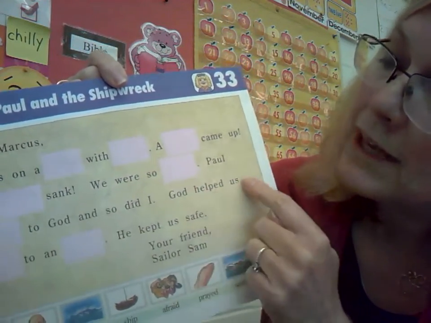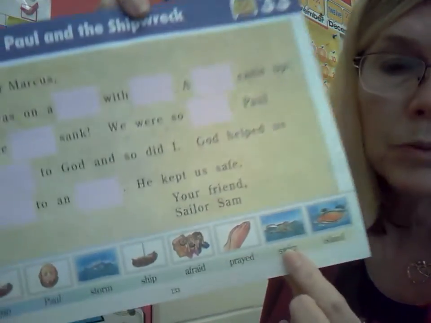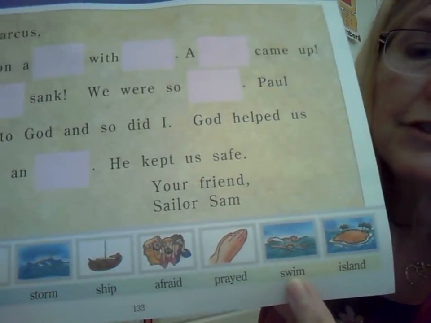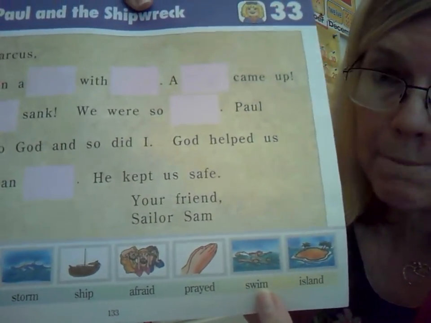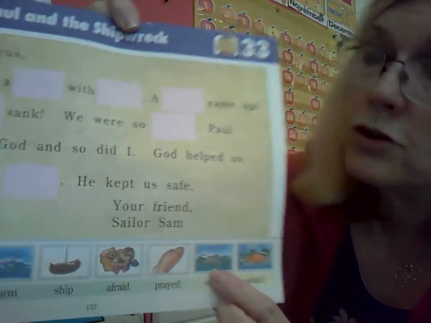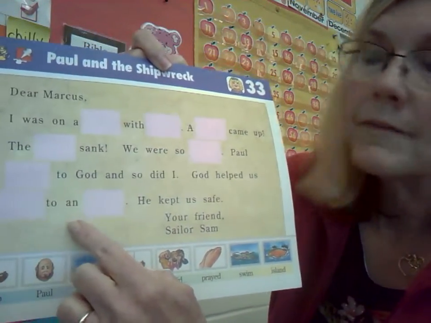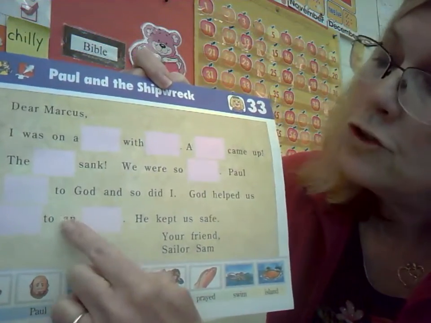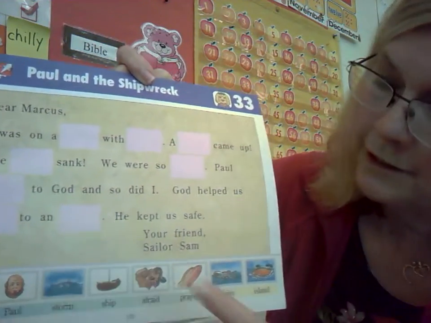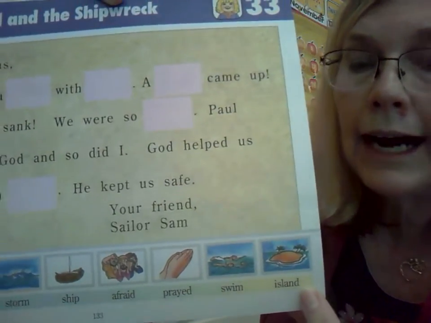God helped us, and then we need another picture, and it's this one right here. Notice your SW special sound at the beginning. Swim, swim. Cut out the picture of them swimming. Glue it onto the space. God helped us swim to, we need another picture, and it's the last one, and that one says island.